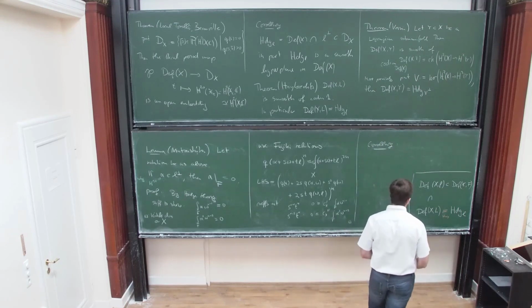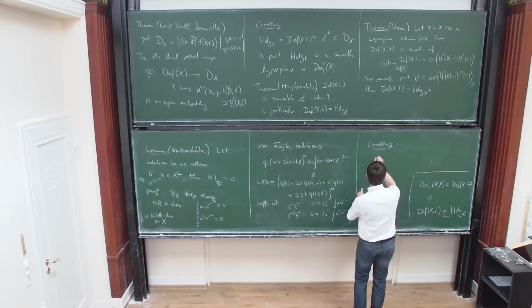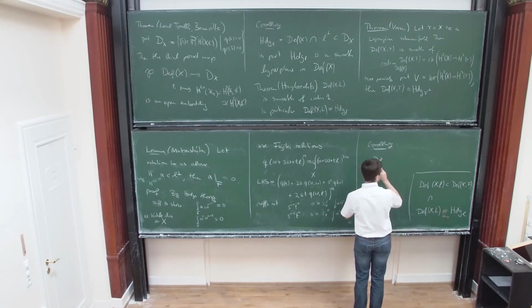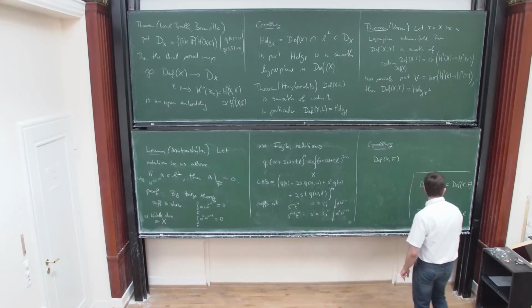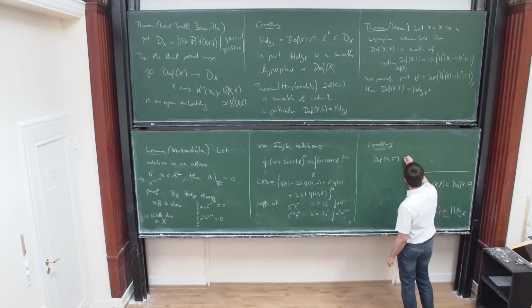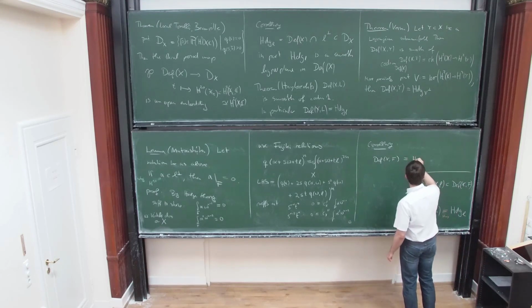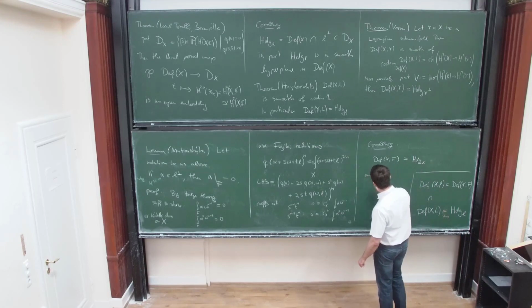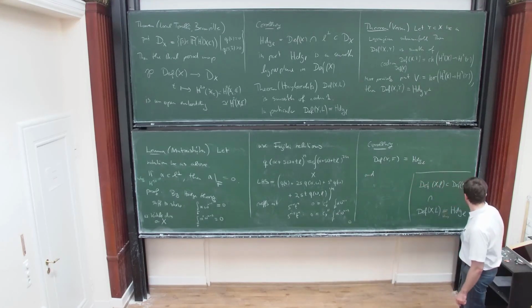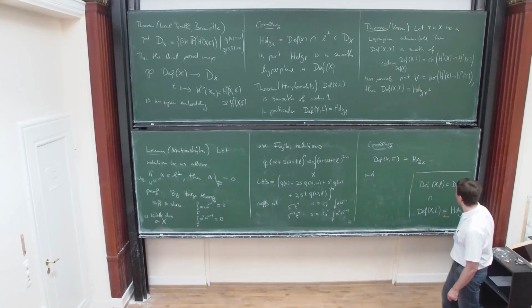So, the corollary is that the deformation of (X, F) is equal to the Hodge locus of L, and yeah, that's it.